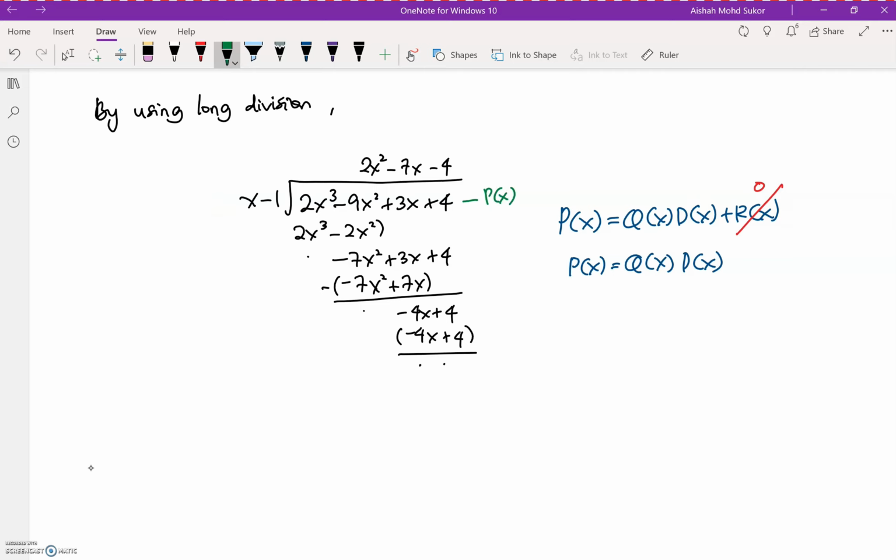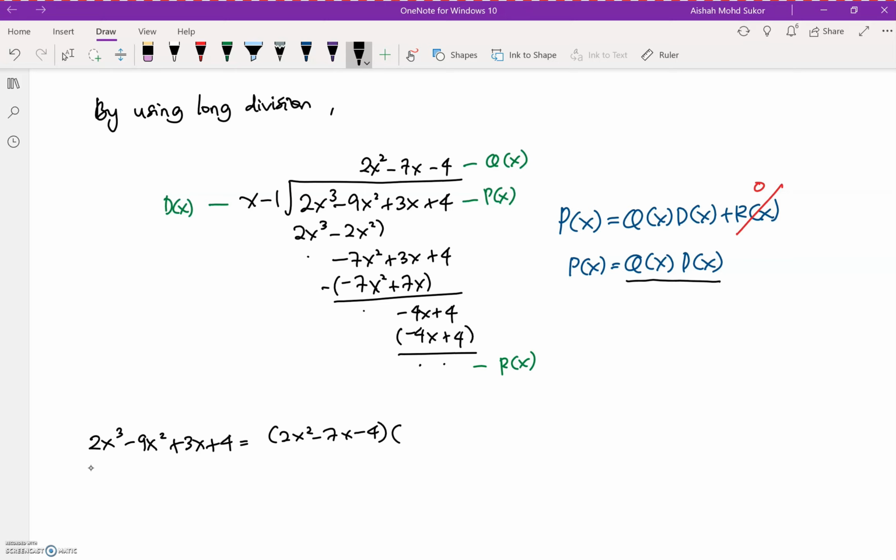So this is p(x), this is d(x), this one is q(x), and this one is r(x). Therefore, we have here 2x cubed minus 9x squared plus 3x plus 4 is equal to q(x) d(x): 2x squared minus 7x minus 4 times x minus 1.